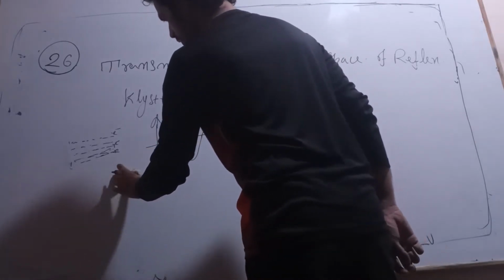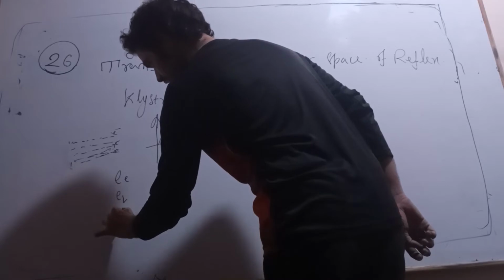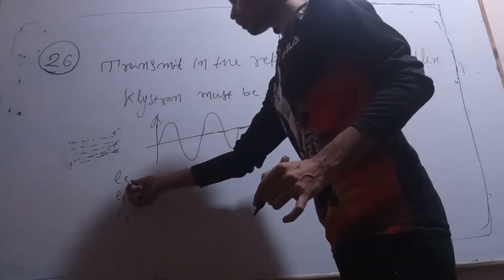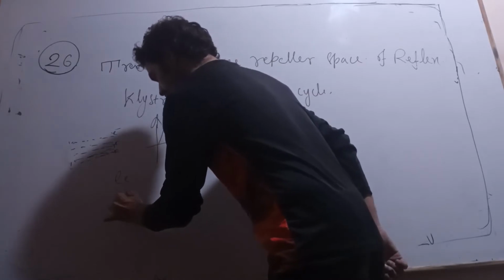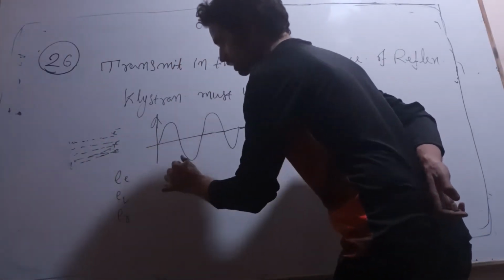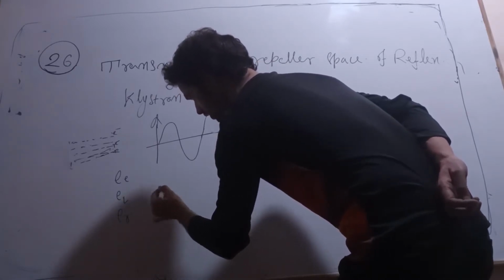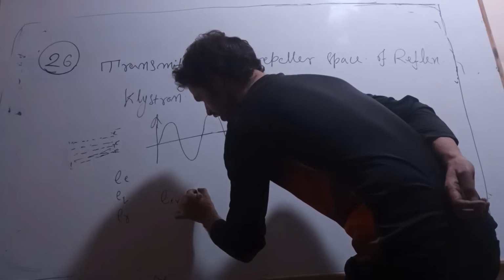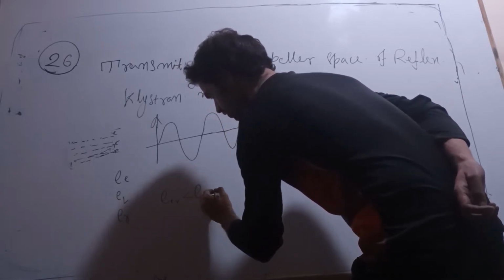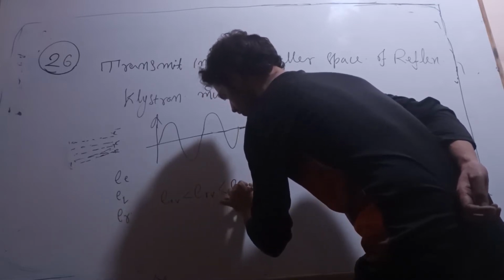There are three types of electrons: early electron, late electron, and reference electron. The early electron velocity is less than the reference electron velocity, which is less than the late electron velocity.